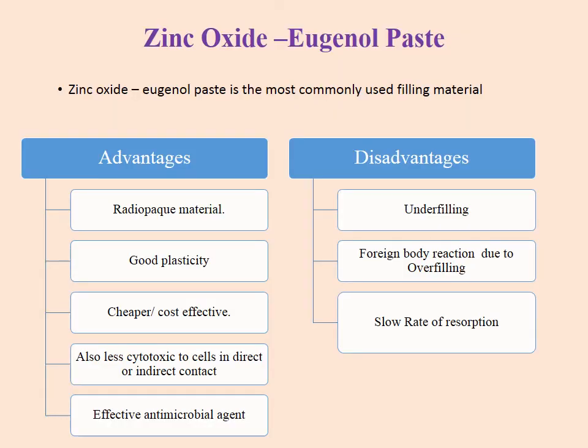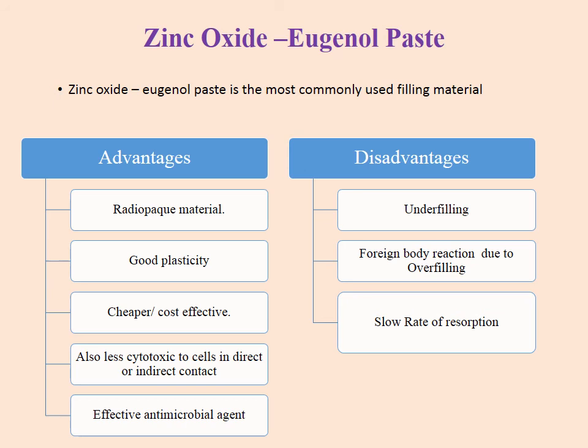So zinc oxide eugenol paste is the most commonly used filling material, and it has some advantages and disadvantages. The advantages being, it is a radio opaque material, has good plasticity, so you have more working time, it is cheaper and cost effective, it is less cytotoxic to the cells in direct or indirect contact. So it is less cytotoxic to the tissue around the area where the obturating material is placed, and it is an effective antimicrobial agent.